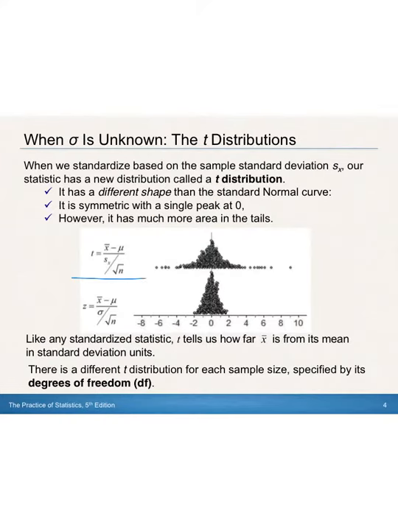So here's one we're really familiar with. When we standardize and get the standard score with z, the distribution is very much a normal curve. And we've got a peak at 0, and then 1 standard deviation away, 2 standard deviations away, 3 standard deviations away. The t, which is the sample mean minus the population mean, divided by the sample standard deviation over the square root of n, doesn't have the same distribution.